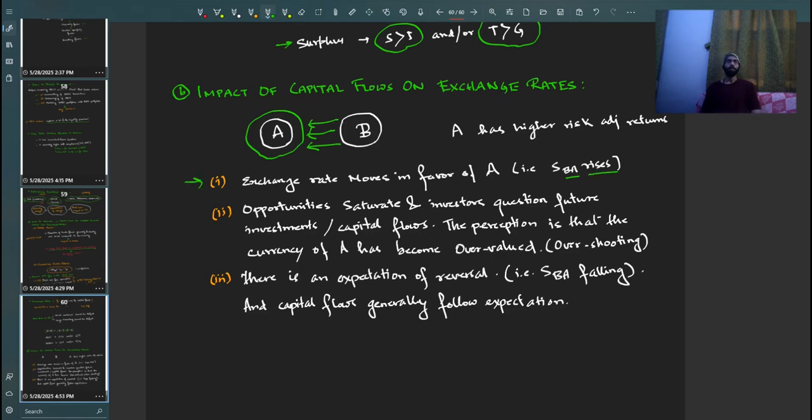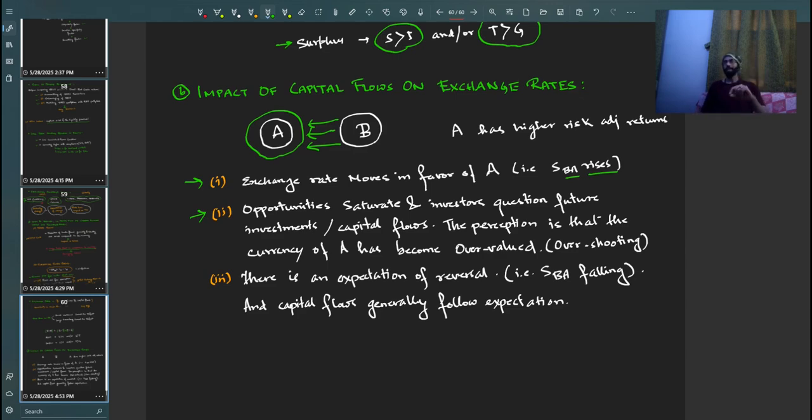So this is the first phase where investment opportunities are in plethora and investors are investing, and second step comes just after that where the opportunities start to saturate. And investors start to question if any further viable investments are there or not, or if the entire asset base has been overvalued.